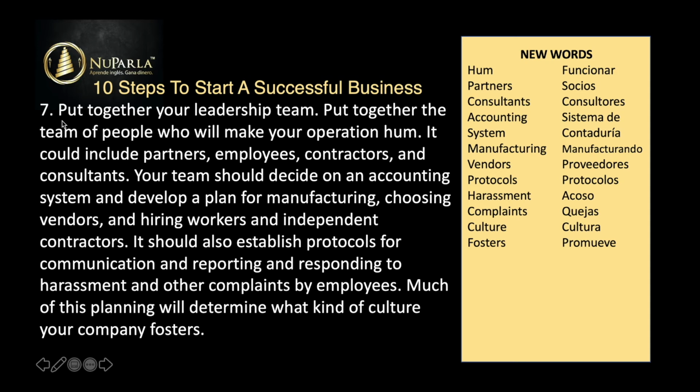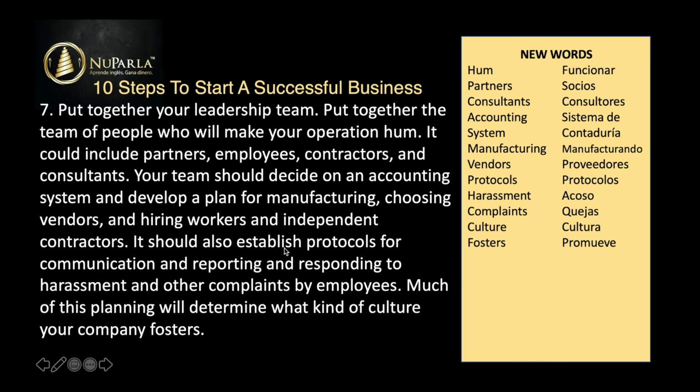Number 7, put together your leadership team. Put together the team of people who will make your operation funcionar. It could include partners, employees, contractors, or even consultants. Your team should decide on an accounting system and develop a plan for manufacturing, choosing vendors, and hiring workers and independent contractors.